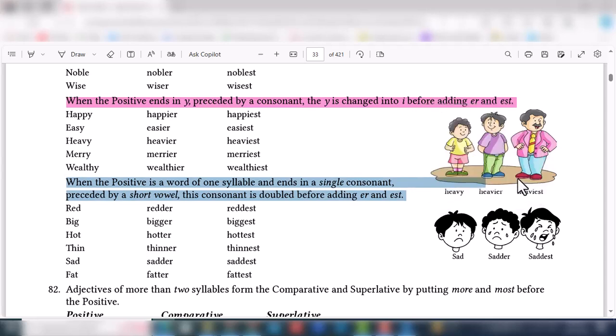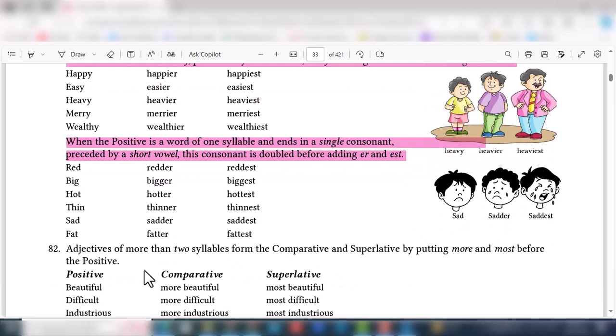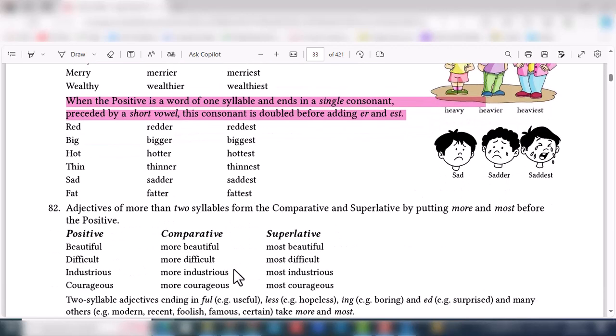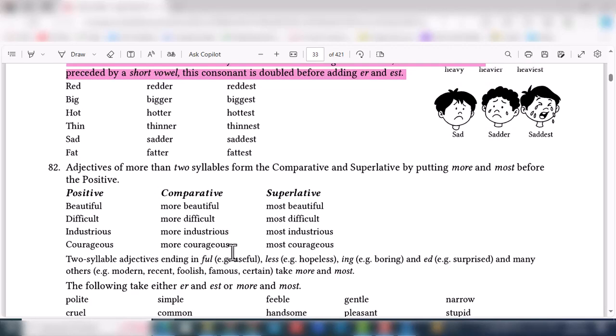Then the point here is that adjectives of more than two syllables form the comparative and superlative by putting more and most before the positive. For example, beautiful, more beautiful, and most beautiful. We use the words more and most to make the comparative and superlative degrees.